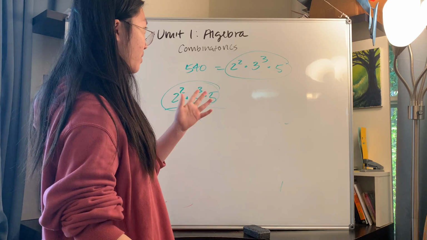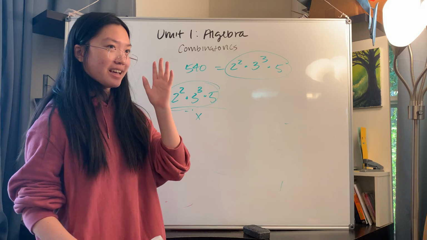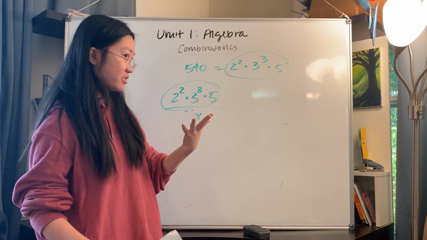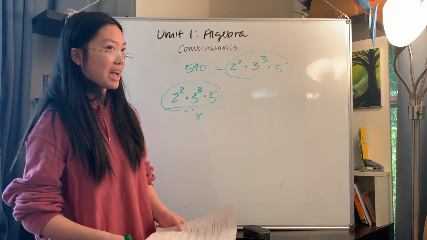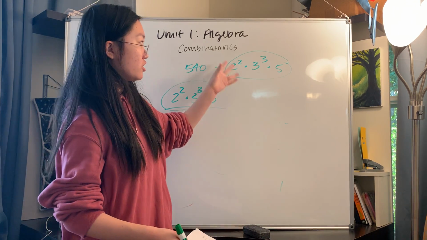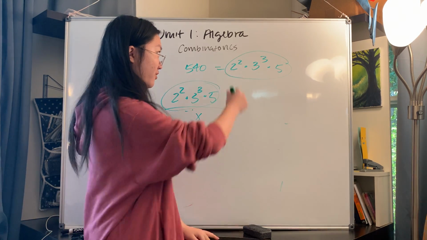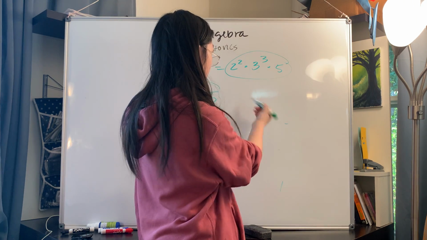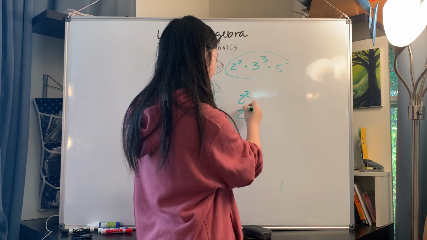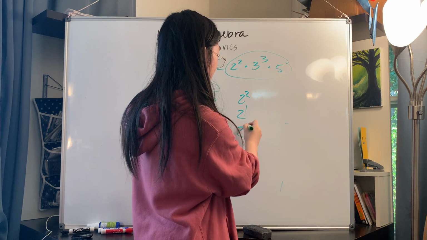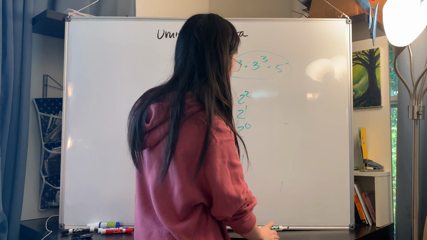And so finding out how many different divisors 540 has is the same as calculating how many factors 540 has. In order to calculate the number of factors, we have to choose some combination of 2, 3, and 5. For our 2's, we can either multiply our number by 2 squared, or by 2 to the first power, or by 2 to the 0 power. 2 to the 0 is equal to 1, by the way.